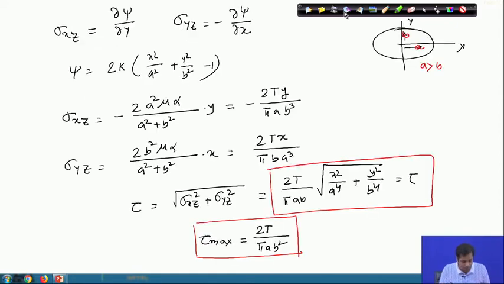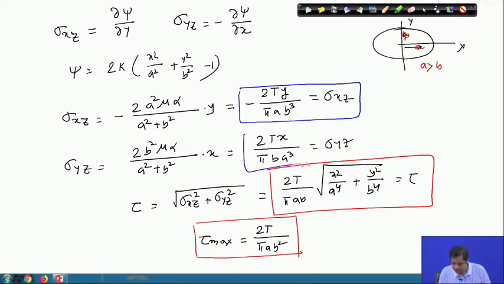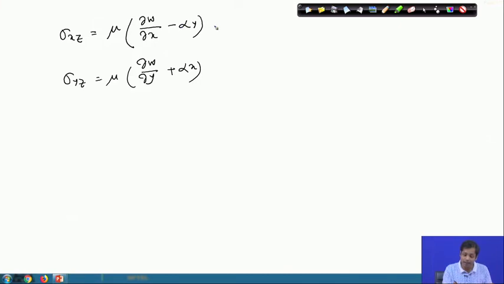Just now we had expressions for sigma xz and sigma yz. We can substitute these two expressions in these equations. From the first equation, you integrate the entire thing with respect to x and get a constant which is a function of y, and then from the second equation we can get that constant.